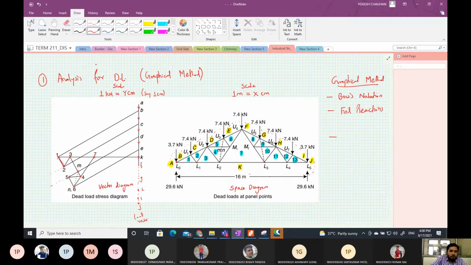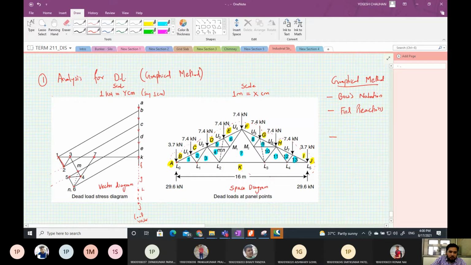So your sequence will be: first you get the first point, then the second point, then the third point, then you will get M. From that you will get N. Now N and 6 will be the same. So you will get the 6, and then from 6 to 7.